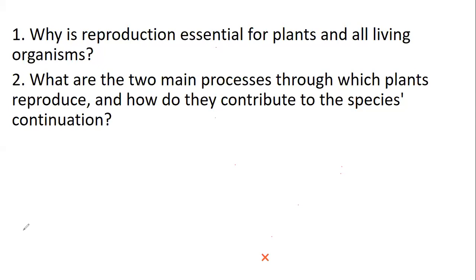I didn't have a question. I just wanted to answer the question that teacher had asked. What I had understood from asexual reproduction is that it does not involve fusion of gametes and it's normally one organism.